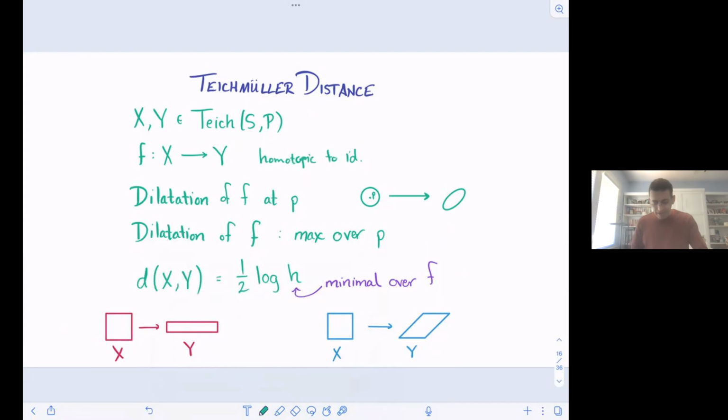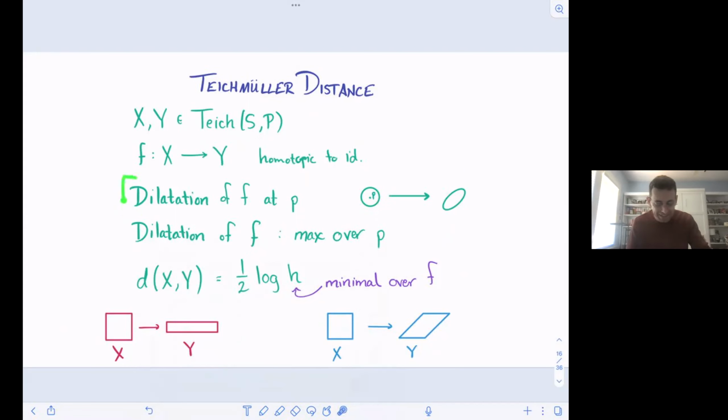And you can look at that map and look at its dilatation. And yes, I mean dilatation, not dilation. It's a weird word. The dilatation of F, let's say F is smooth almost everywhere. You just look on the tangent space and little circles go to little ellipses, and you look at the eccentricity of those ellipses.